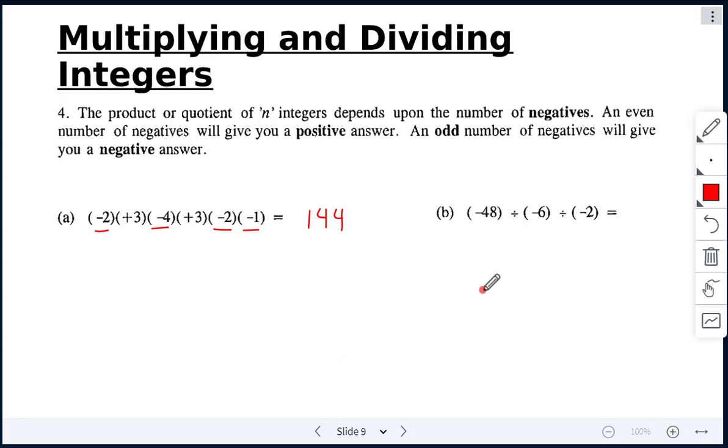If we look at our second example, we have negative, negative, negative. We have 3 negatives here, so we know right away that our answer will be negative. Then you can go ahead and do the division. So 48 divided by 6, pick your answer, and then divide it by 2, and our answer is negative 4.